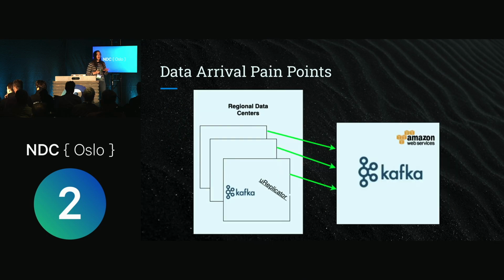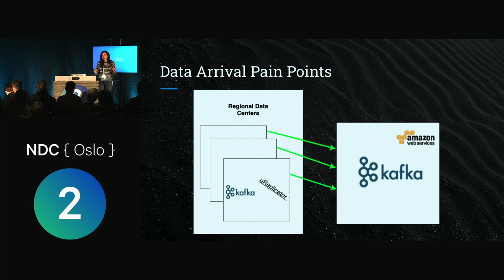So the first thing I want to do is really zoom into that connection between the regional Kafka and the one central Kafka in AWS. If you're not familiar with the uReplicator, it's a project by Uber. It's based off of Kafka's own MirrorMaker, and it essentially suffers from the exact same set of problems because of the way that MirrorMaker was implemented.